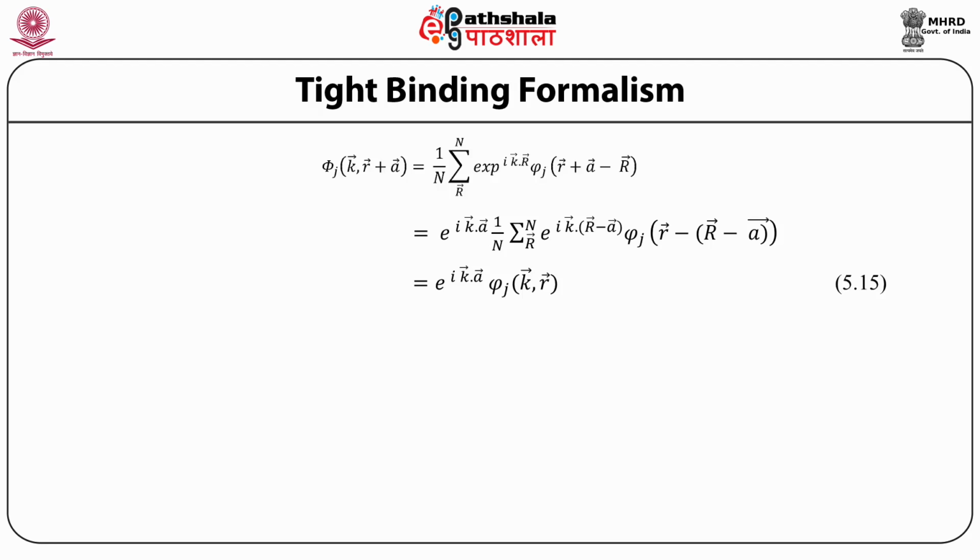This is equal to exponential iota k dot a multiplied by 1 by root n summation over r vector to n of exponential iota k dot r minus a multiplied by phi j as a function of r vector minus r minus a vector, and this is equal to exponential iota k vector dot a vector multiplied by phi j as a function of k vector, r vector.